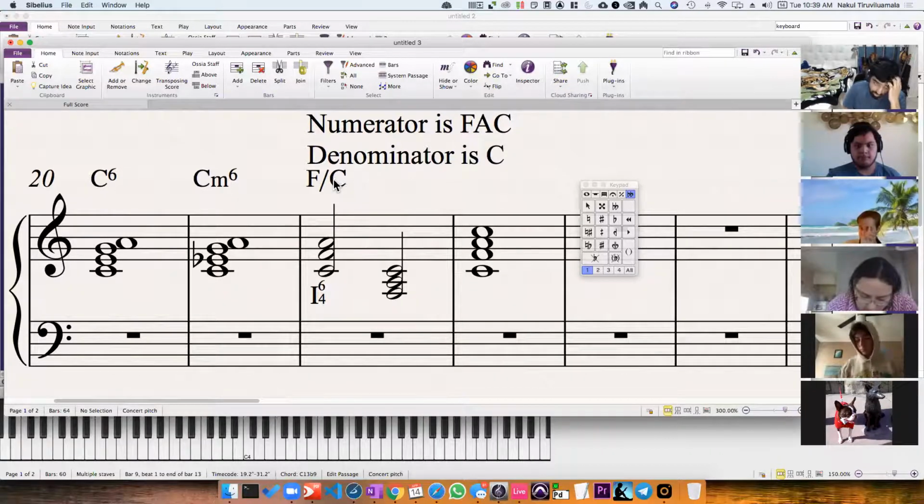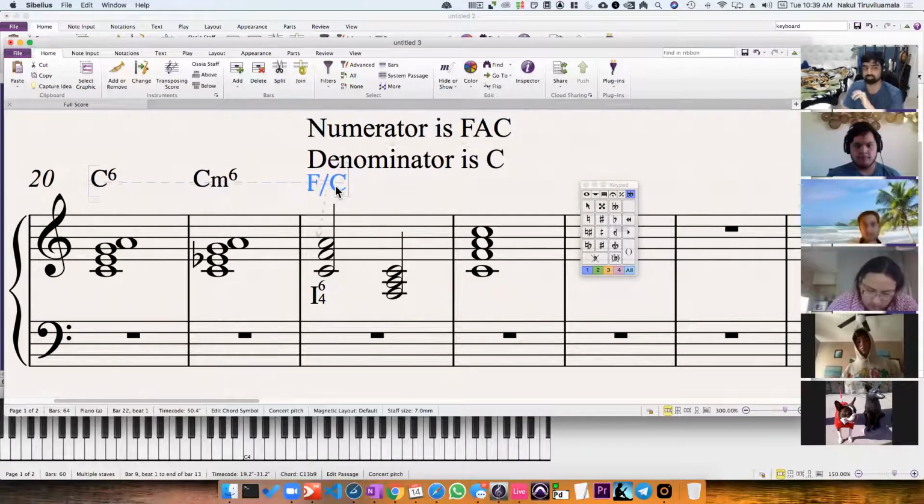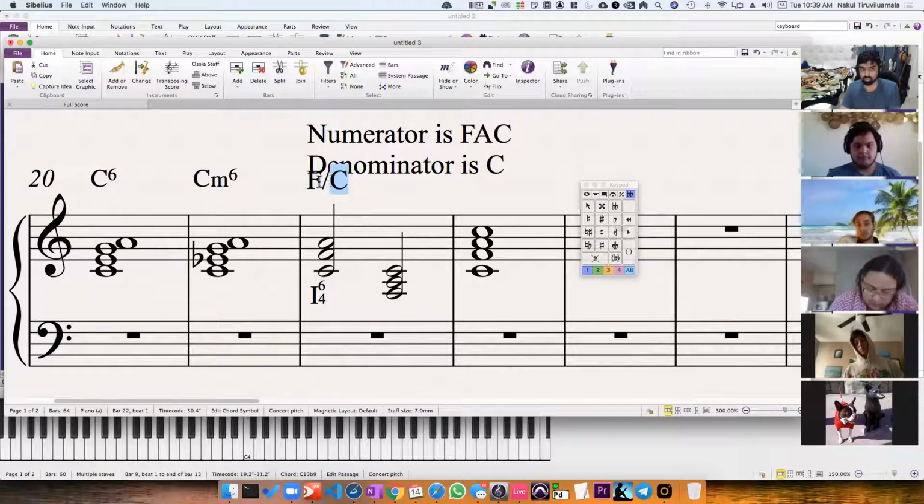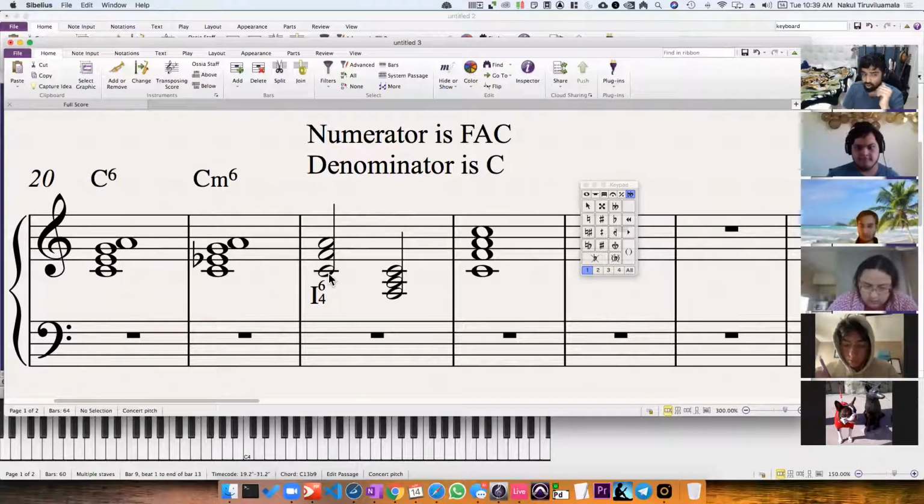So what I was trying to say earlier was, if you're trying to describe this chord using this notation, you would have to figure out the numerator chord, right? The numerator chord is still only inferred by actually creating a snowman out of the chord. And by building the snowman, you figure out the root of the chord, right?